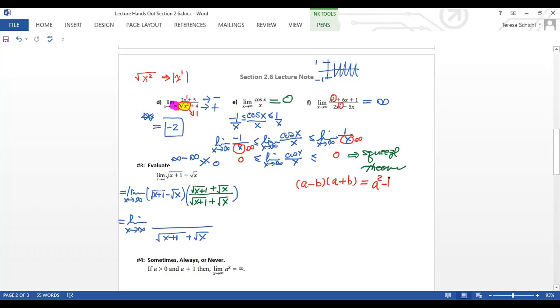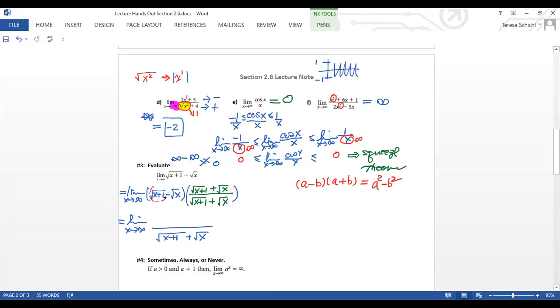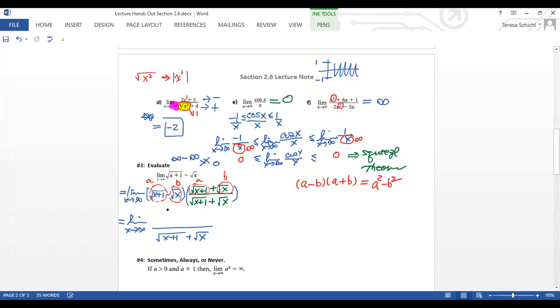It's a squared minus b squared, right? So now in here, this is a squared, minus b squared. So this is my a, this is my b, right? So a minus b times a plus b. So what is that? It is a squared. So the square root of x plus 1 squared is x plus 1, minus x.